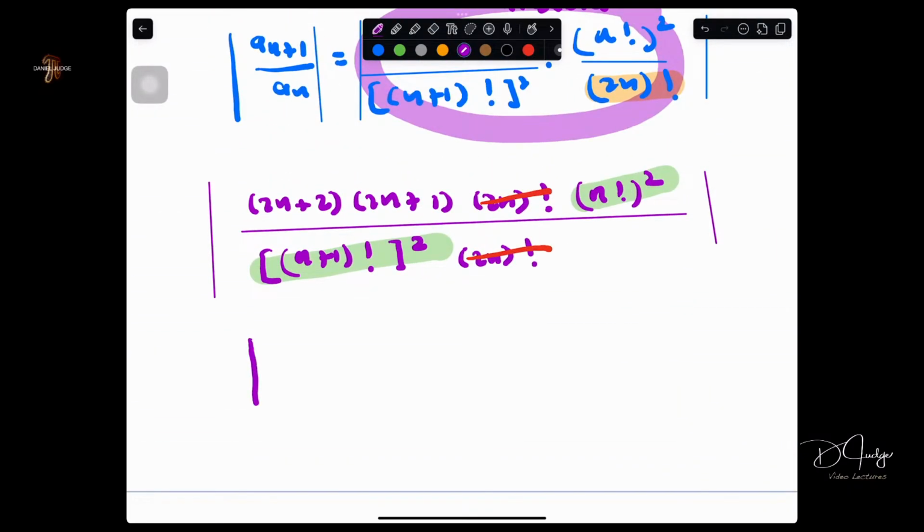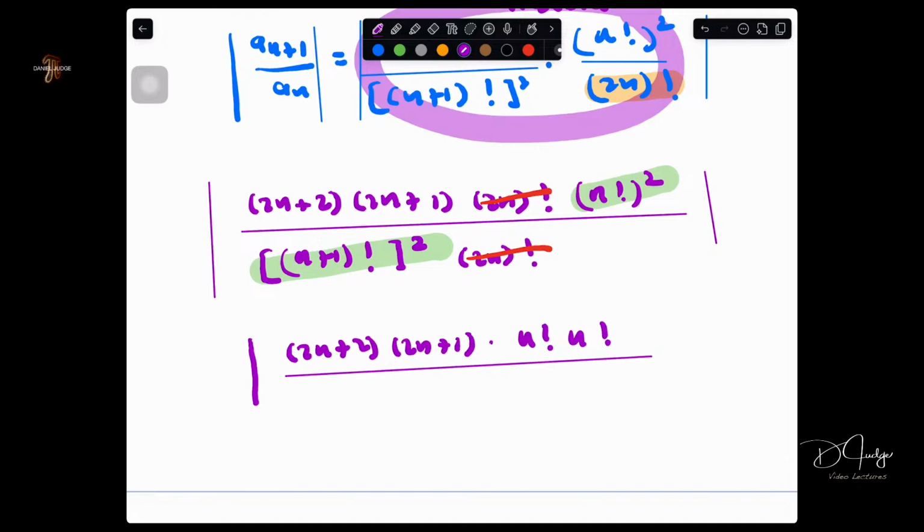So in absolute value, 2n plus 2 times 2n plus 1, n factorial times n factorial over, this portion here is n plus 1 factorial times another n plus 1 factorial.